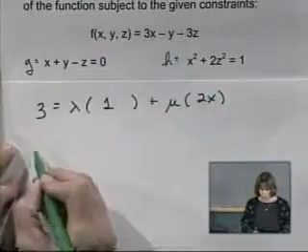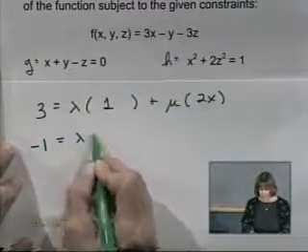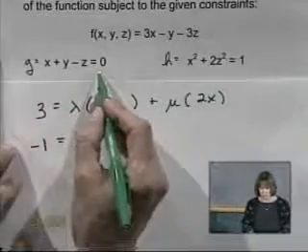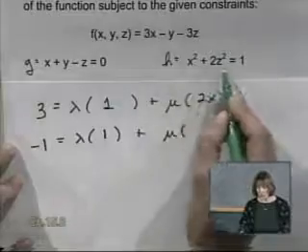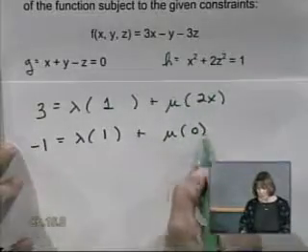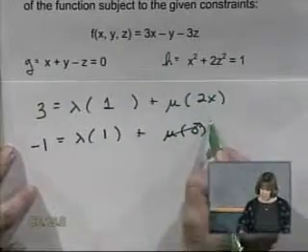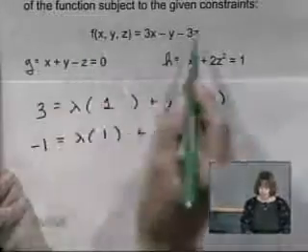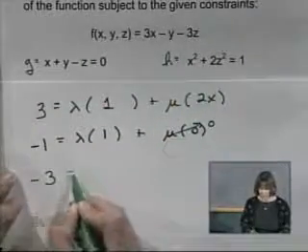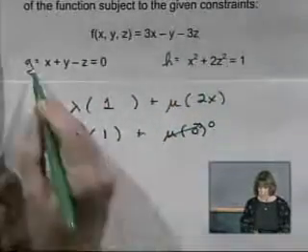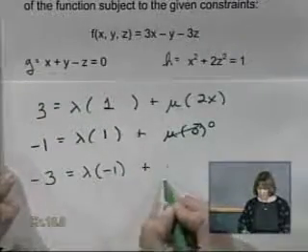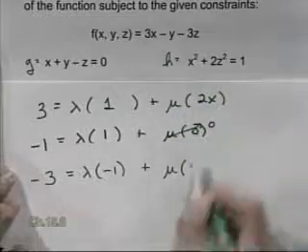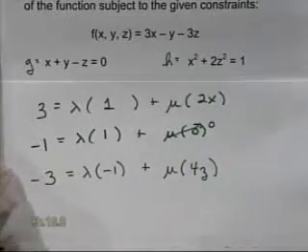Partial of f with respect to y is a negative 1, equals lambda times partial of g with respect to y is 1, plus mu times partial of h with respect to y is 0. So this part's just a big old 0. Partial of f with respect to z is minus 3, equals lambda times partial of g with respect to z is a negative 1, plus mu times partial of h with respect to z is 4z.